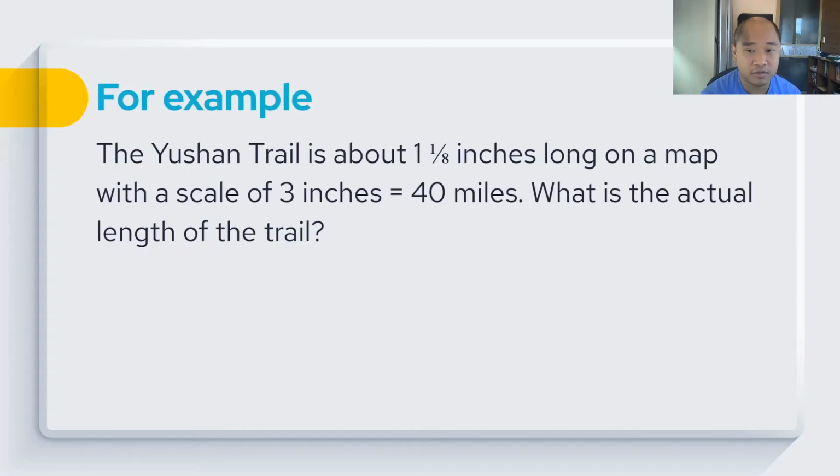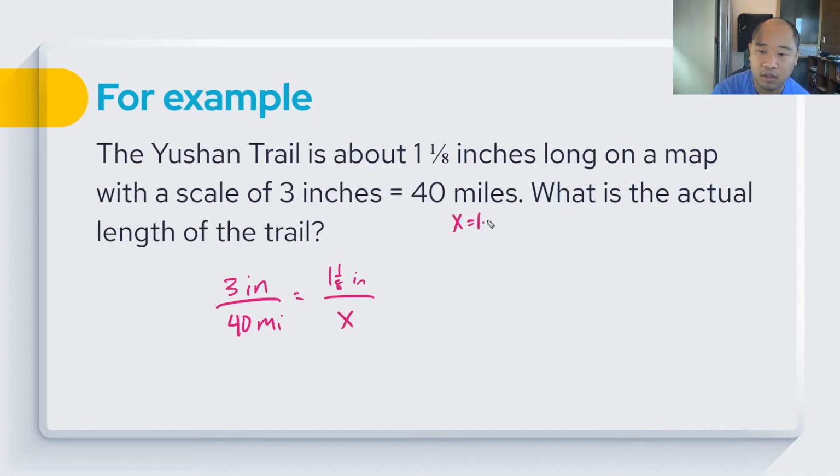I'd like for you to do this one. Welcome back. The Yushan Trail is about 1 1/8 inches long on a map, with a scale of 3 inches equaling 40 miles, right? And the trail on the map is 1 1/8 inch. So what is the actual length?